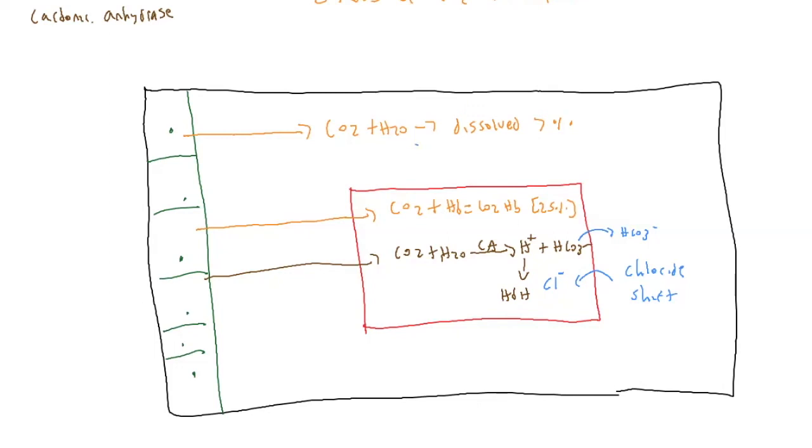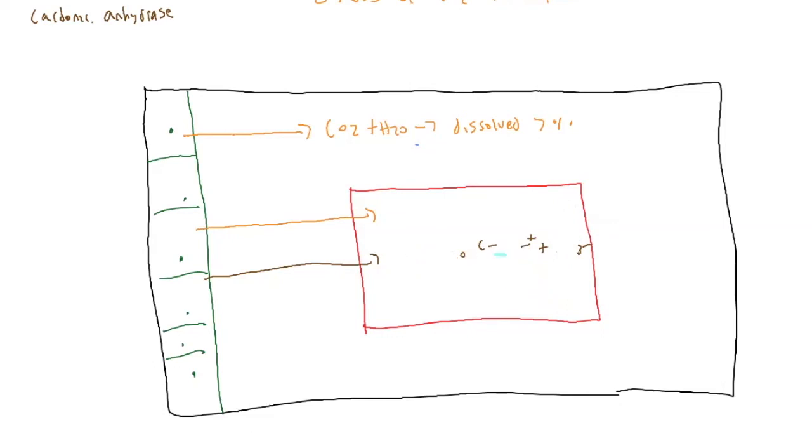Now, eventually this red blood cell is going to get to the alveoli. And now the environment is going to look like this. So this here is going to be the alveoli.